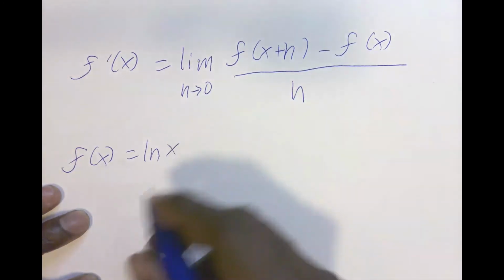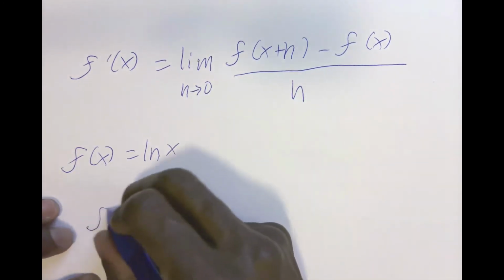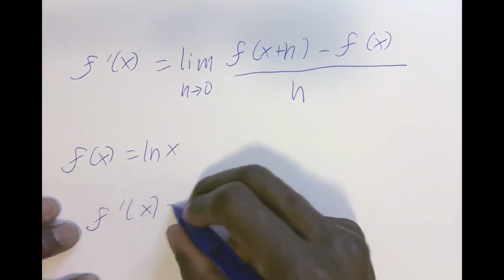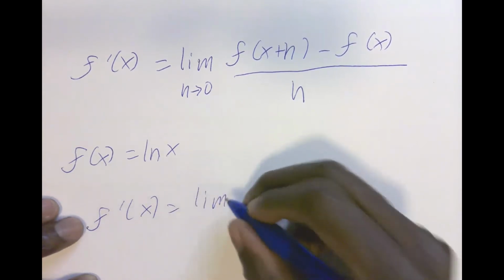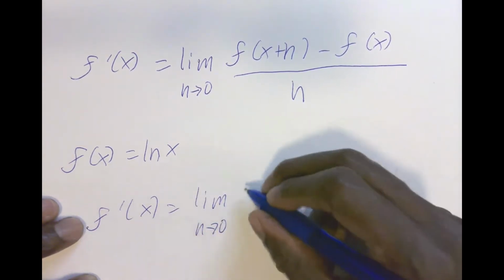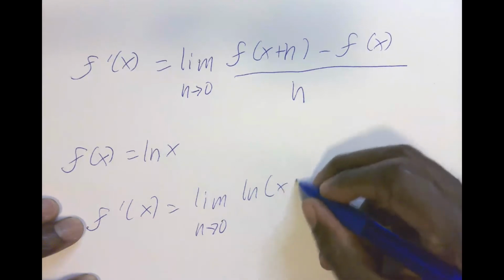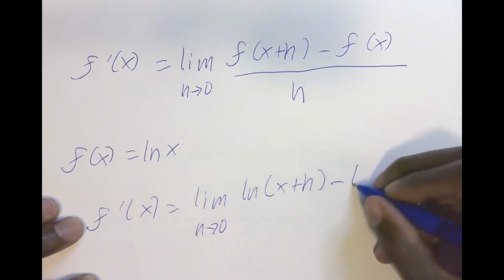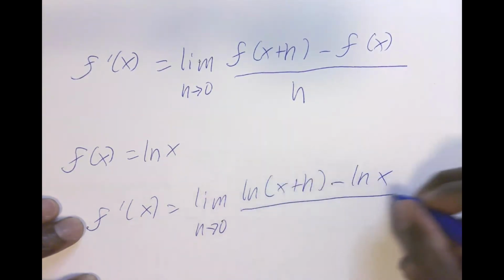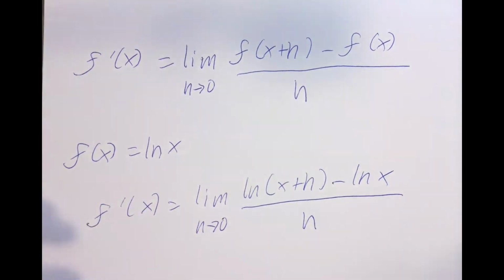And so in this case, f prime of x would be the limit as h goes to 0 of ln(x plus h) minus ln x all over h. So if we find this limit, we'll know the derivative of ln x.